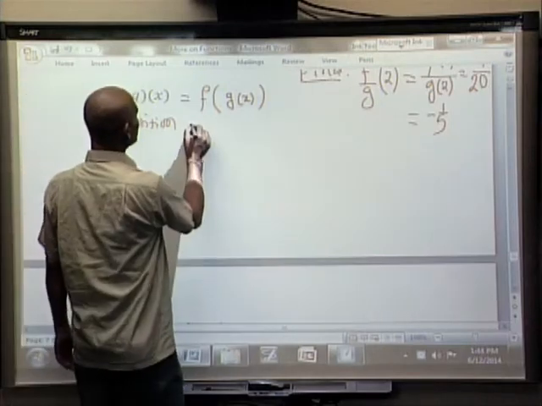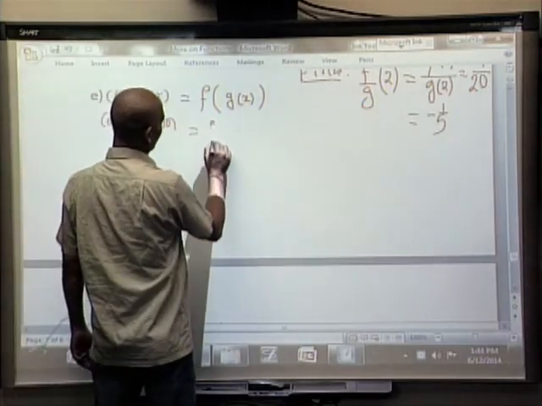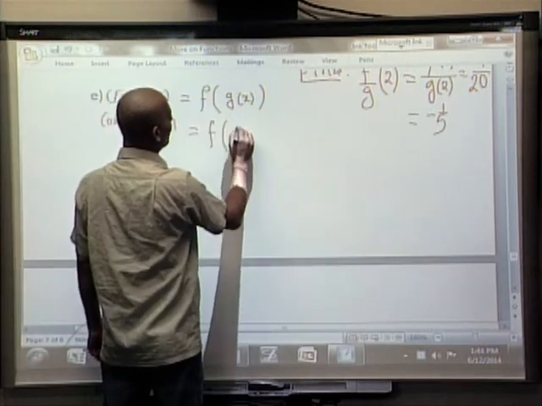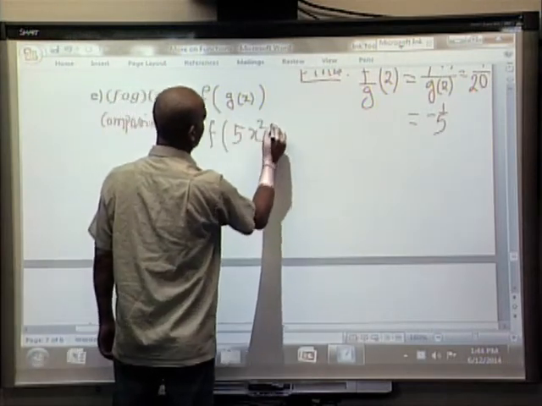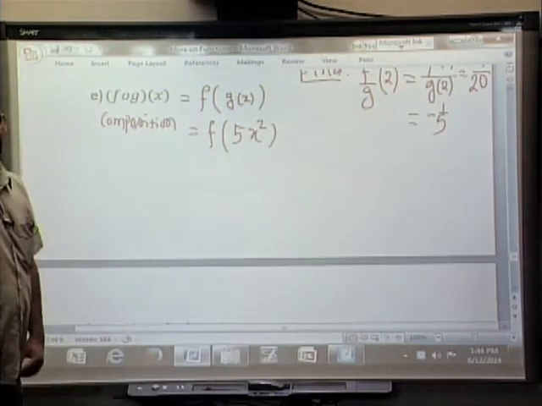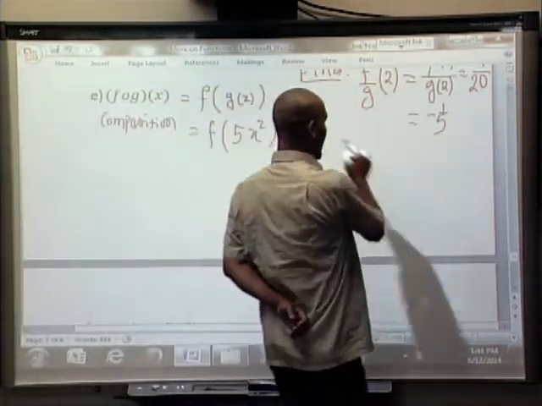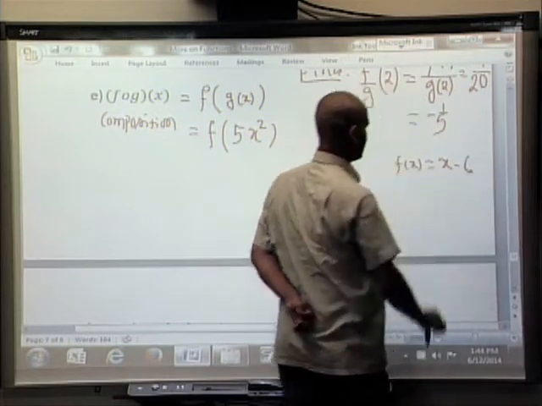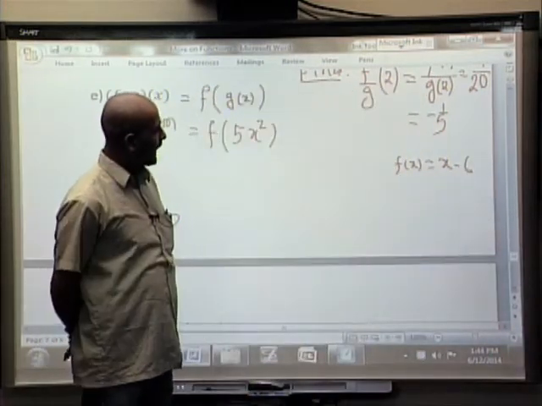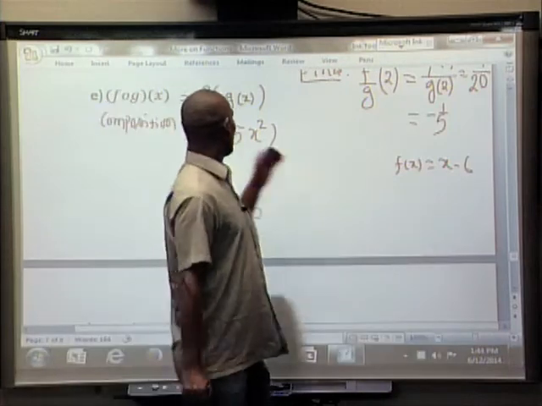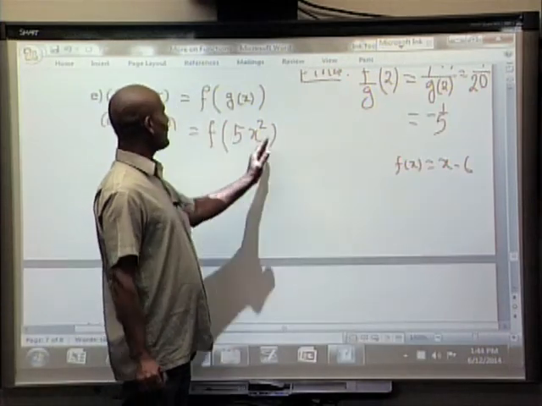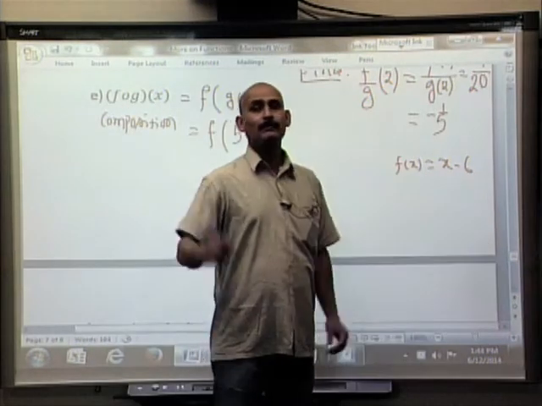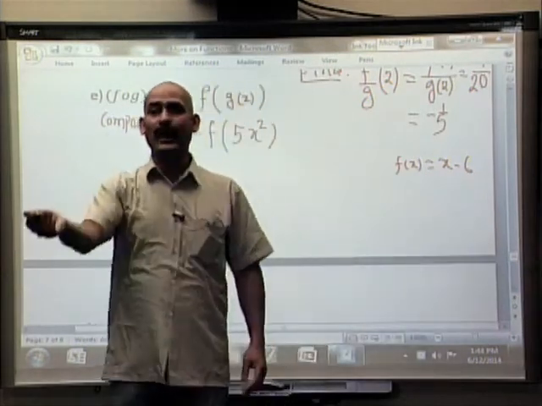Let's see how it works. g of x in our example is 5x squared. Note, in our example, f of x is x minus 6. So what this formula is telling us is, in order to compute f of 5x squared, basically we need to replace x by 5x squared.